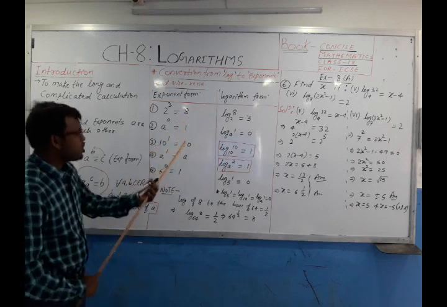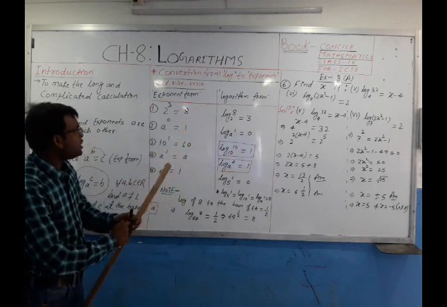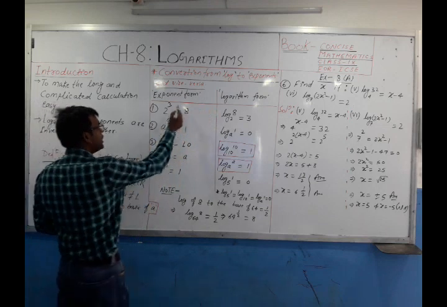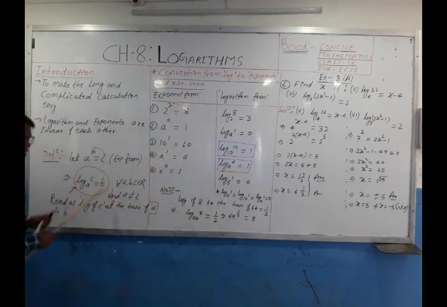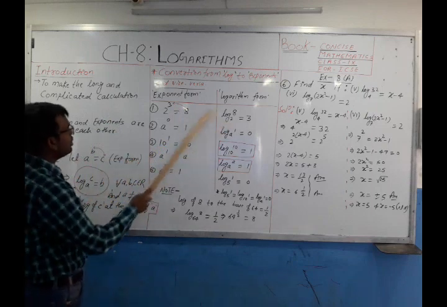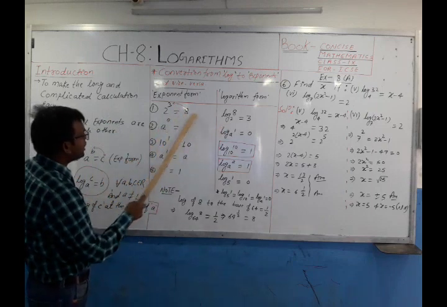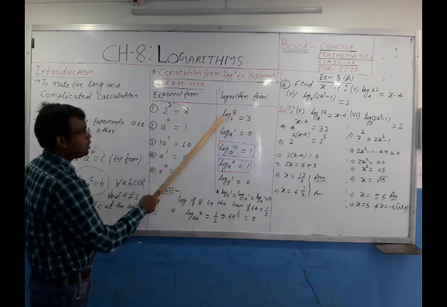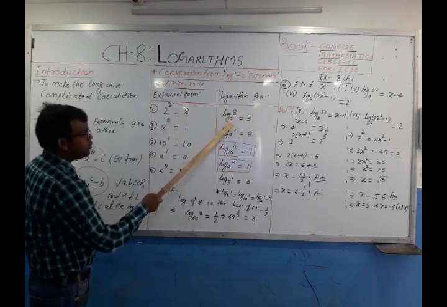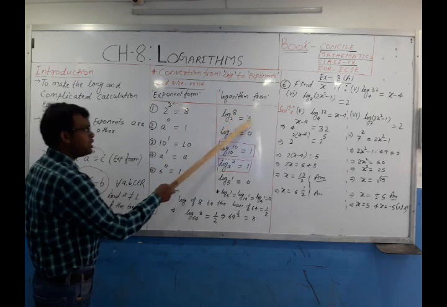If we change this exponent into logarithm form, 3 and 8 are interchanged by the definition. Therefore, log 8 with base 2 equals 3.